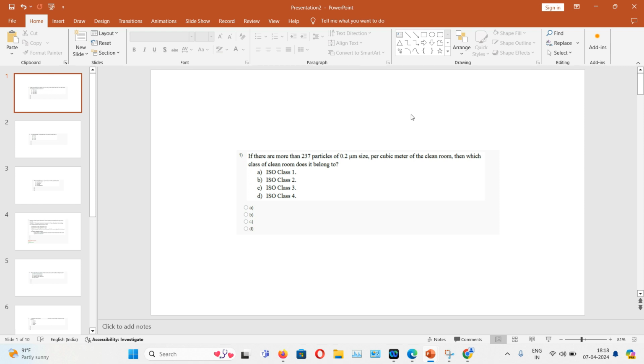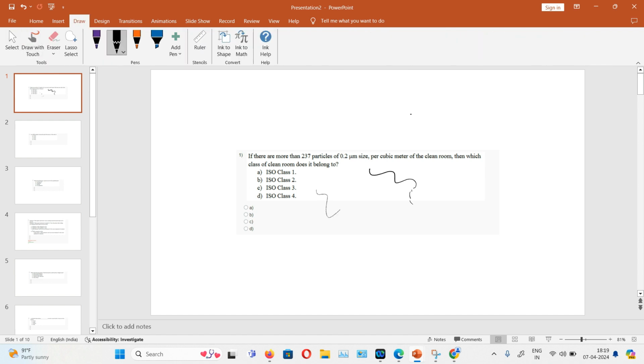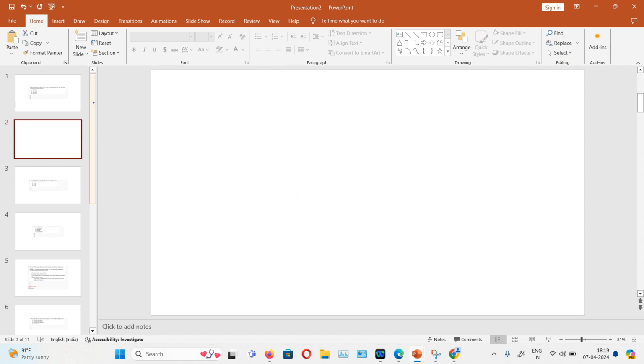In a class 1 clean room, it contains only particles of size 0.1 micrometer and 0.2 micrometer.